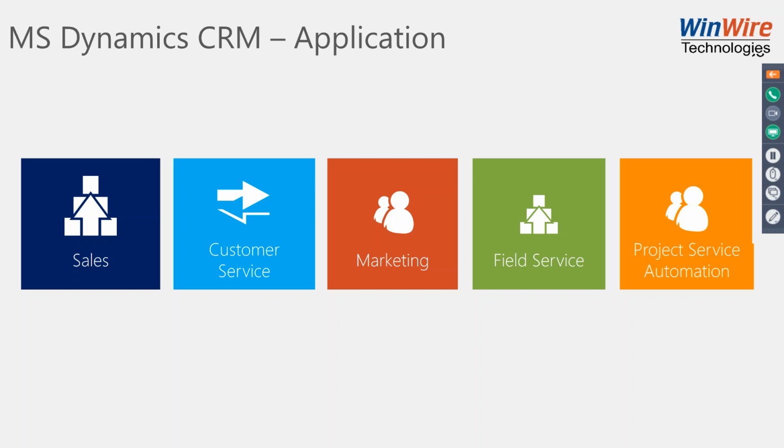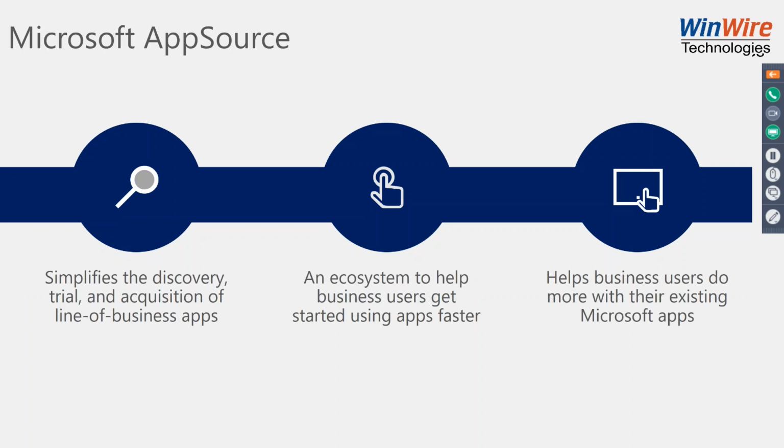These are the packaged solutions which you can consume to automate your processes within your organization. As I said before, AppSource is one of the ways you can extend the functionality and catch hold of the cool features available, or extend what Dynamics 365 provides out of the box.